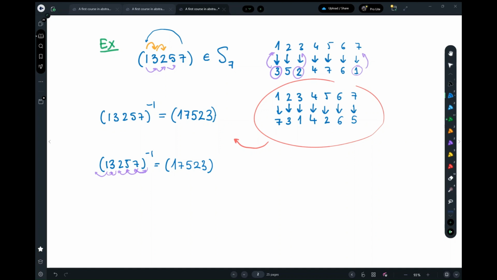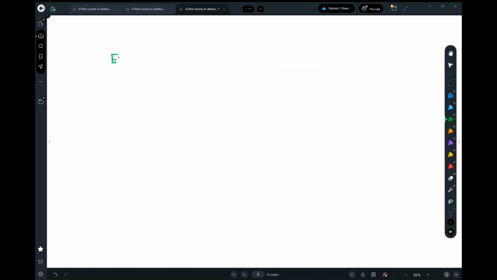Let me do one different example. So, for example, if I have (1 2 3)(4 5), what is the inverse of this permutation? Well, I just go backwards. I'm going to start with 1 and see where 1 came from, which in this case is 3.